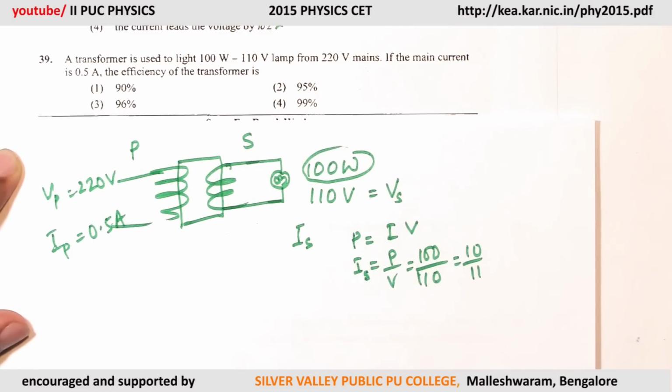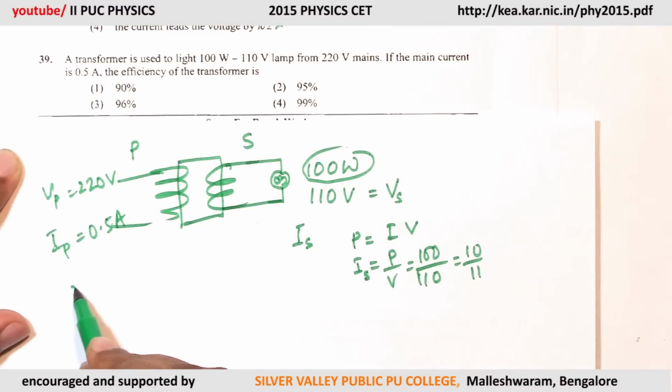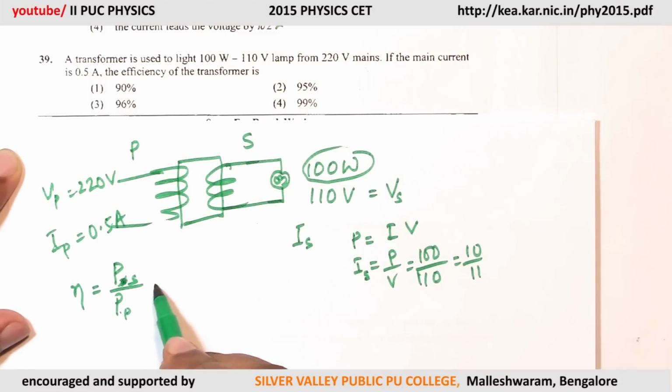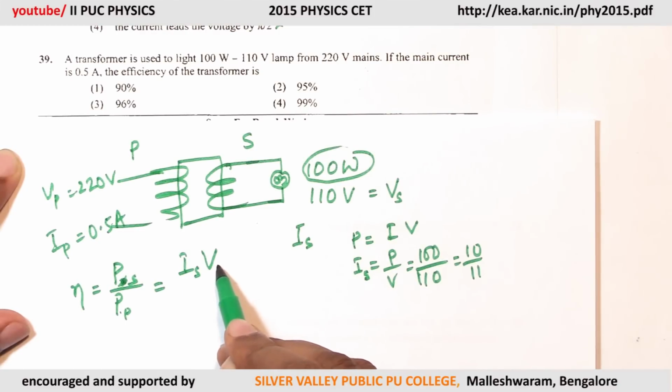Okay. Now, efficiency of the transformer. Always efficiency equal to output by input. Output is nothing but secondary. Input is primary. Power at the secondary is current into voltage: current at the secondary, voltage across the secondary.